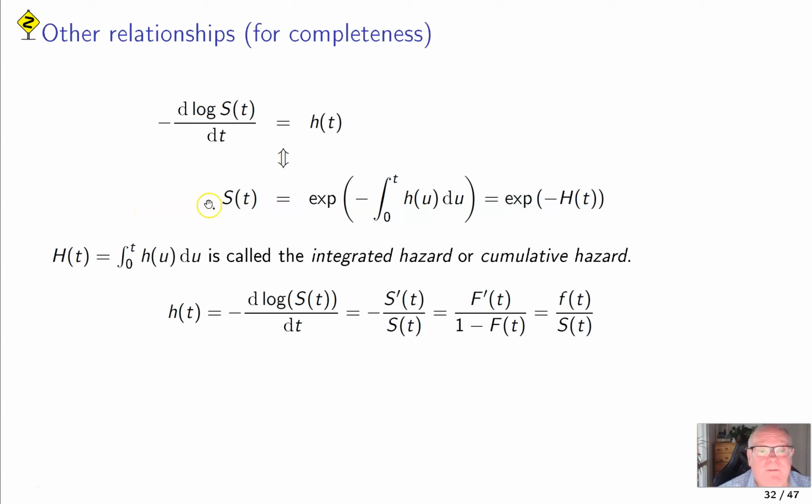Here we have the survivor function as a function of the hazard function. The survivor function is the exponential of the negative of the integrated hazard, or the area under the hazard function. Now, the integrated hazard is often called the cumulative hazard.